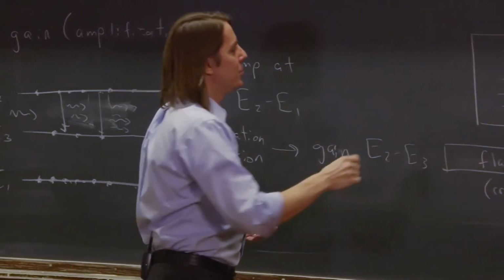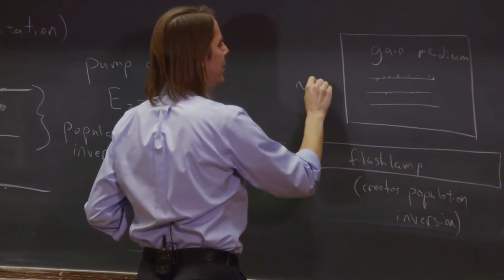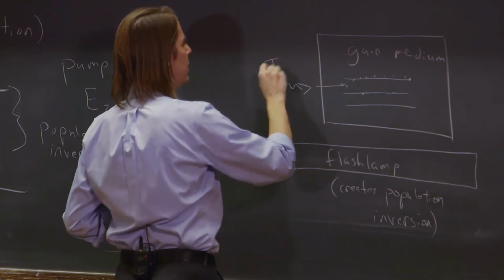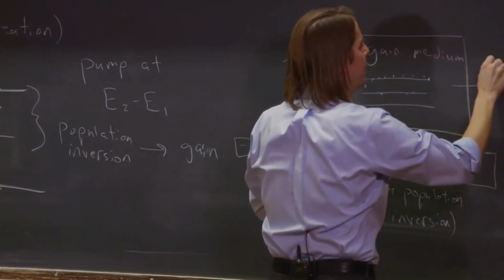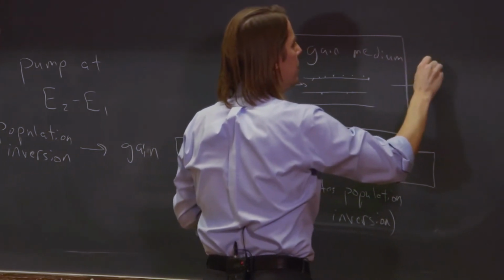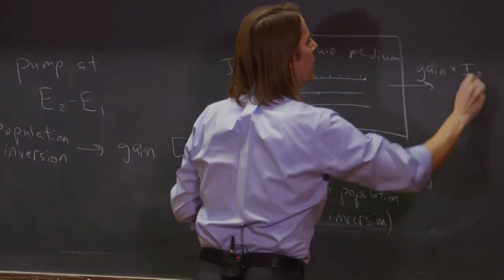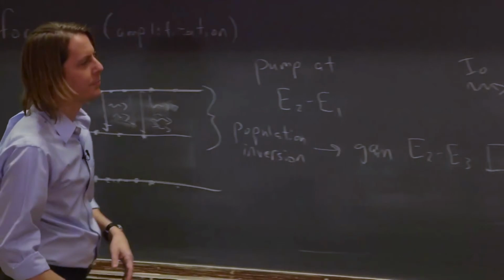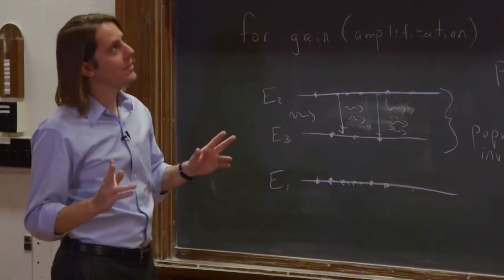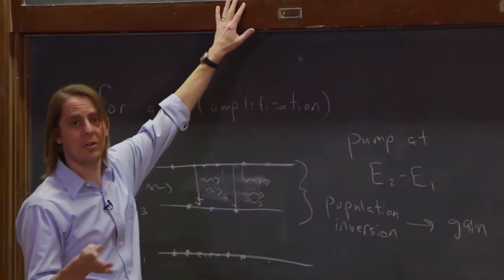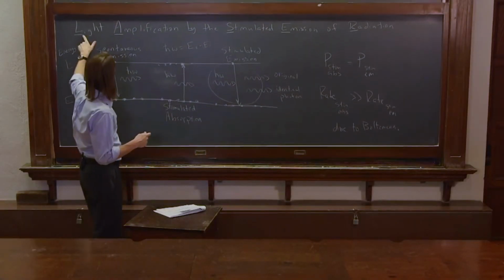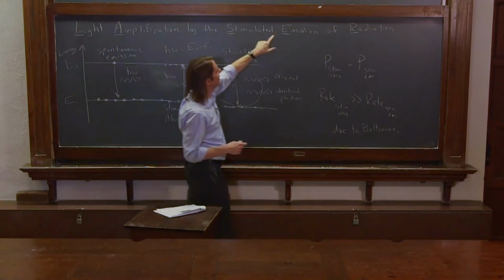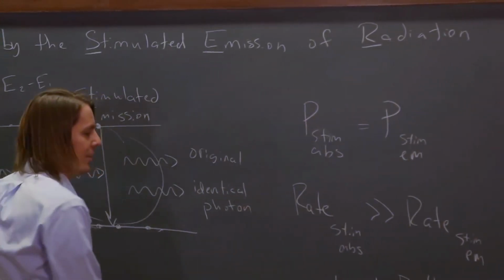And then I guess you could send in your input, I naught, and you'll get a bunch of gain from the population inversion, and you'll get gain times I naught. Right? So technically, that is a laser. Technically, we have light amplification by the stimulated emission of radiation. We've done it, that's a laser.